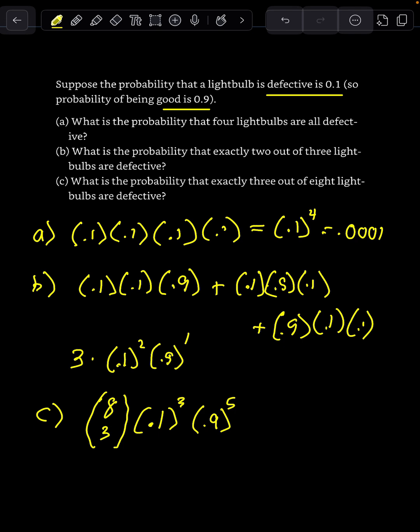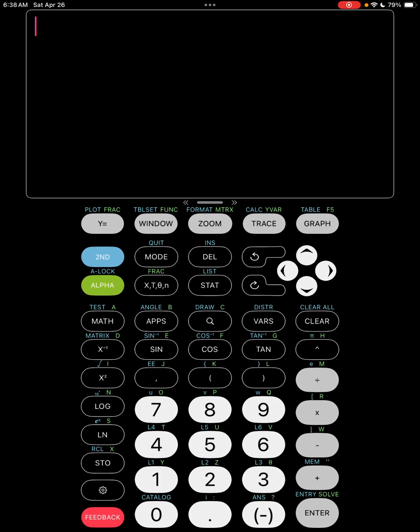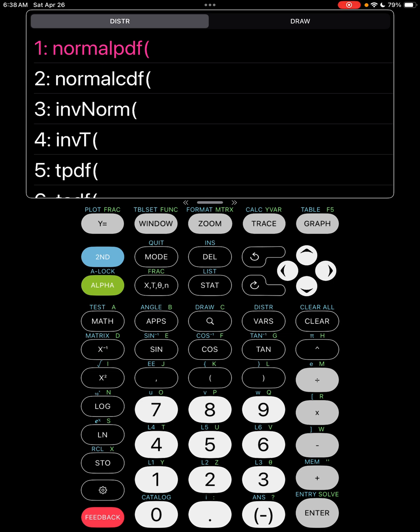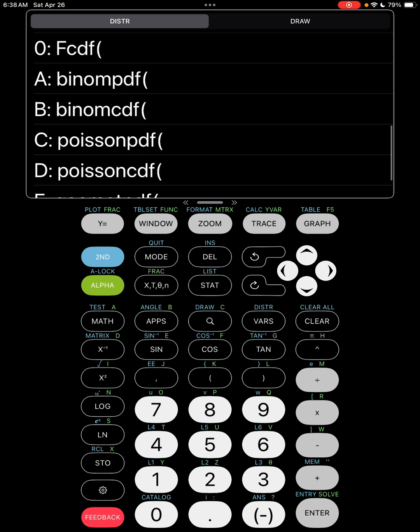But luckily, we have a calculator which will help us do this. So I will go 2nd distribution on this puppy, and this is a binomial model. And we have 2 choices, binomial PDF or binomial CDF, and we are wanting a particular instance. We just want 3 light bulbs.